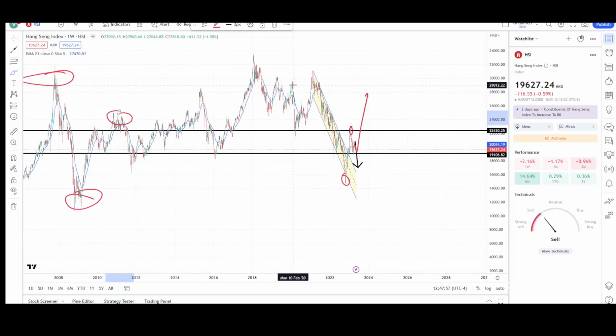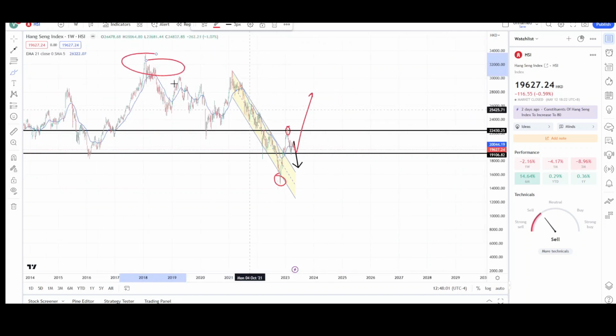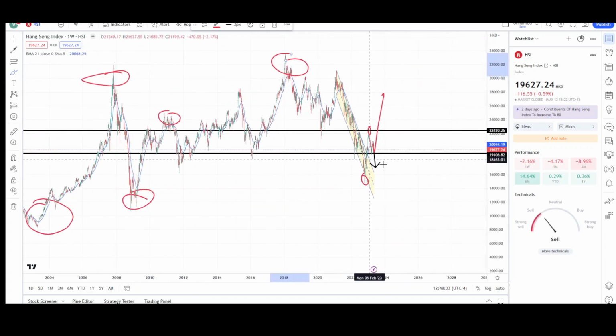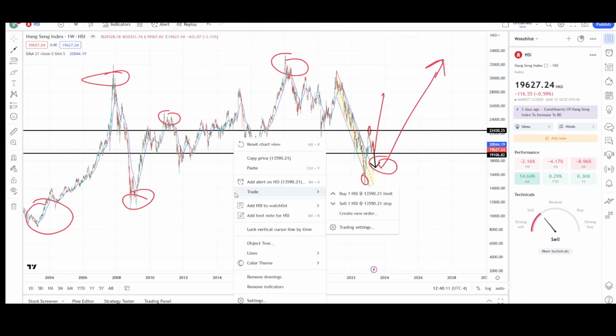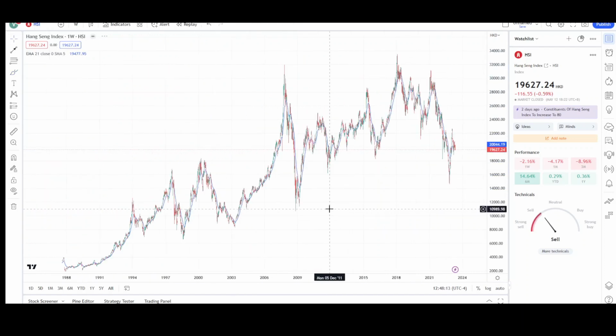So you kind of rinse and repeat. Right over here, people sold. I think the big traders are still staying out of this index because we can still continue to drop lower, but eventually they'll probably come back in maybe somewhere around here, and ride the next cycle up. So HSI is basically a cyclical index.